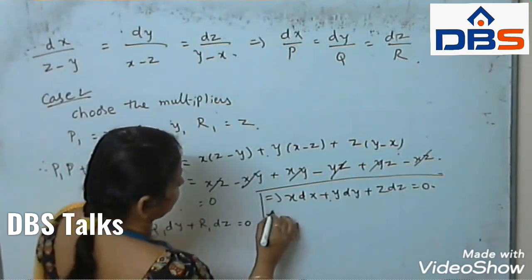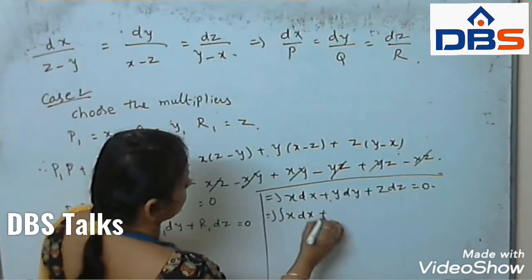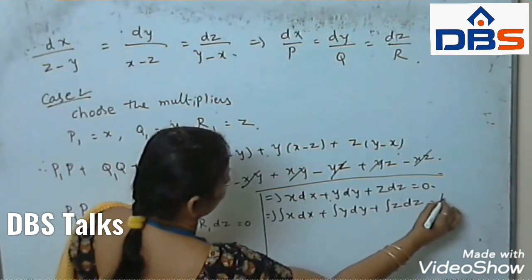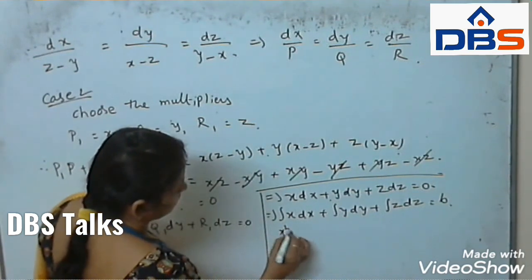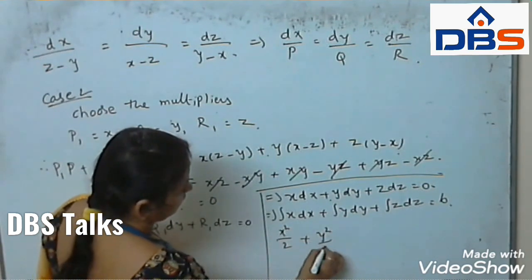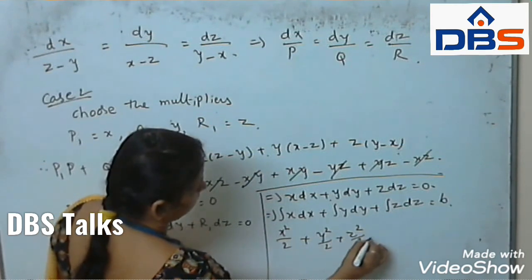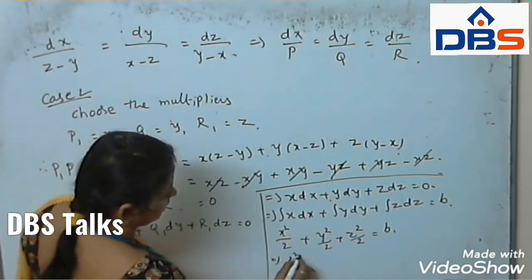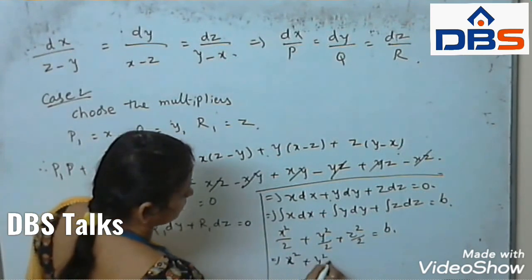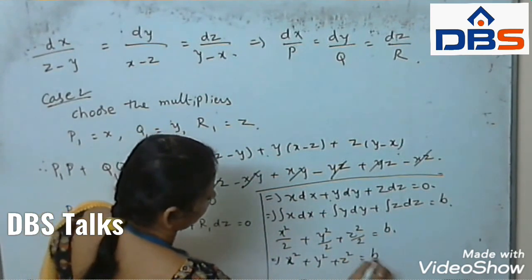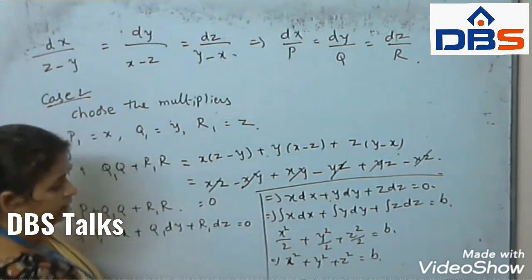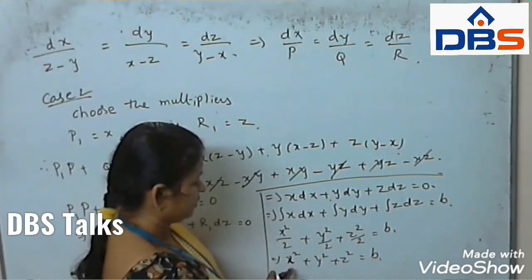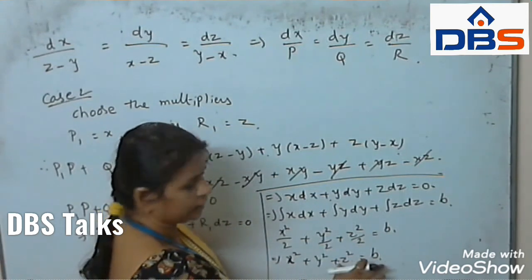By integrating this, integral x dx plus integral y dy plus integral z dz equal to b. x square by 2 plus y square by 2 plus z square by 2 equal to b. By taking the LCM, x square plus y square plus z square equal to 2b or b, any value is a constant. So you can take 2b as b. So x square plus y square plus z square equal to b.